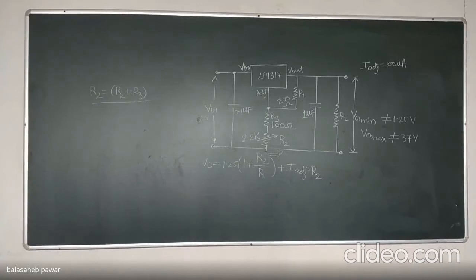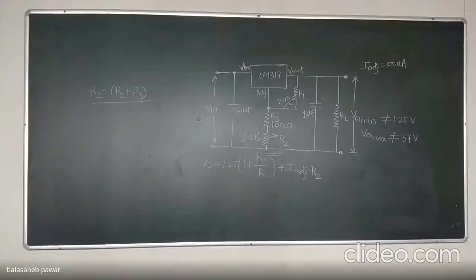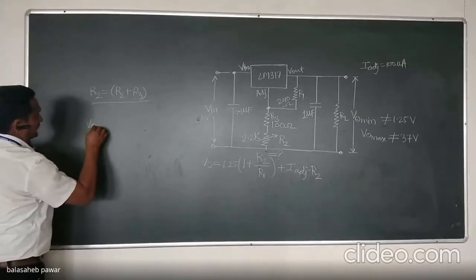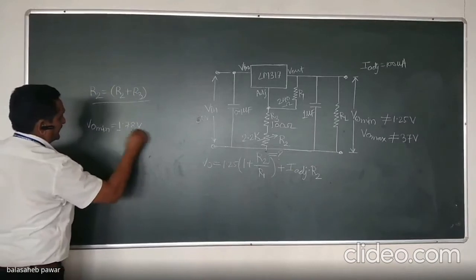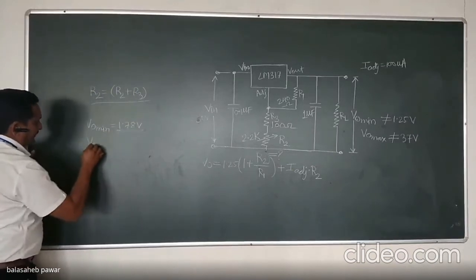VO equals 1.25 in bracket 1 plus R2, that is 100, divided by R1, that is 240, plus I adjustable, that is 100 micro into R2, and that is again 100 ohms. 1.78. Very nice. So VO min is equal to 1.78 volts. Correct?